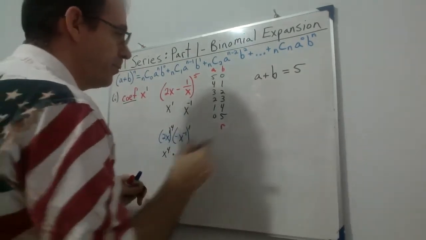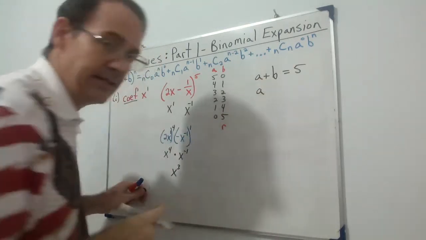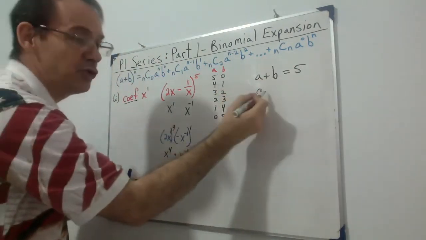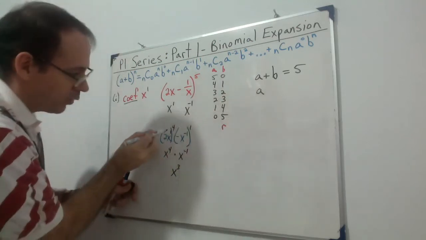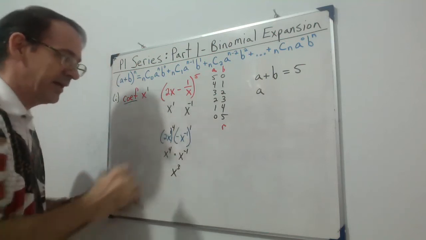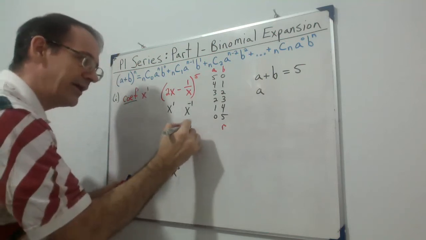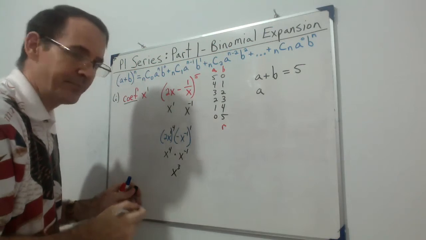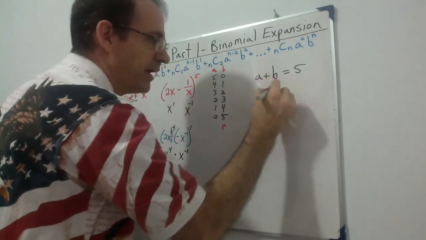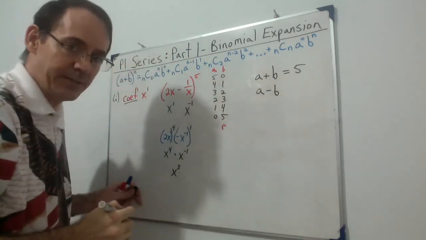So we're going to want to put 1 times a, which is just a. So if this were a squared, we would do 2 times a. 1 times the exponent of a, or 2 times the exponent of a. This one is a negative 1 times the exponent of b. So a negative 1 times the exponent of b is going to be a minus b.